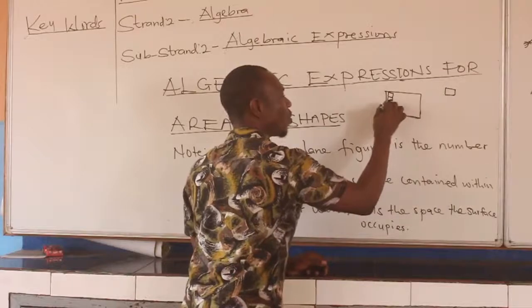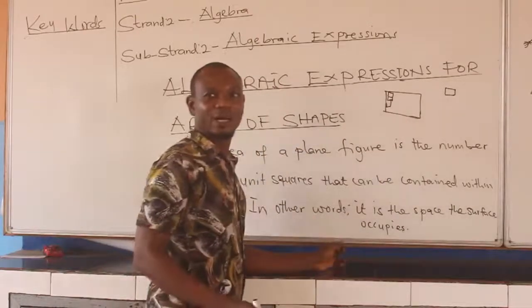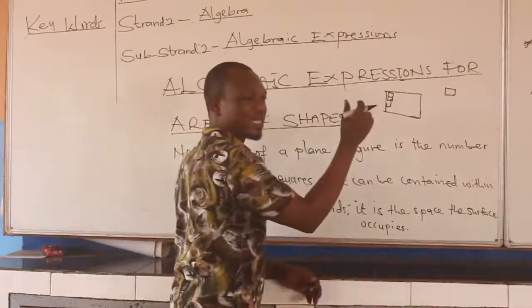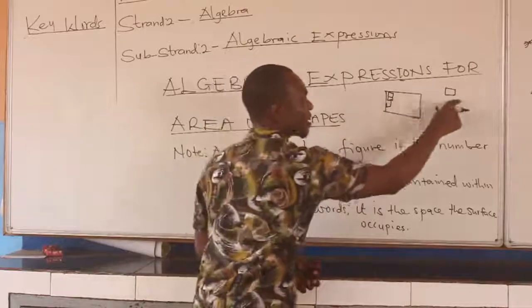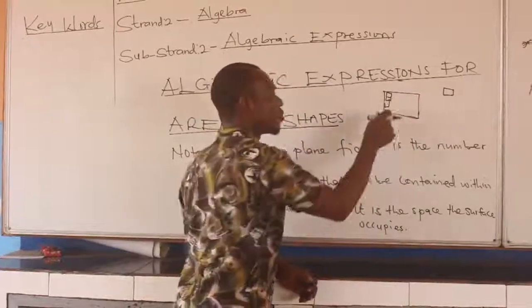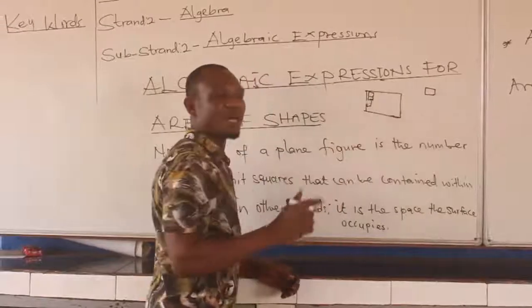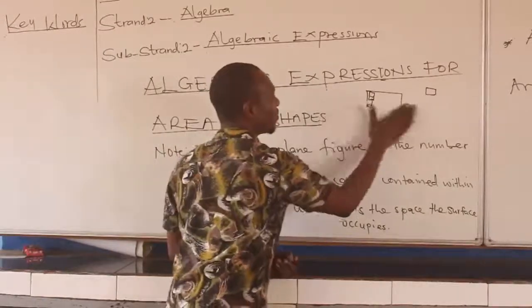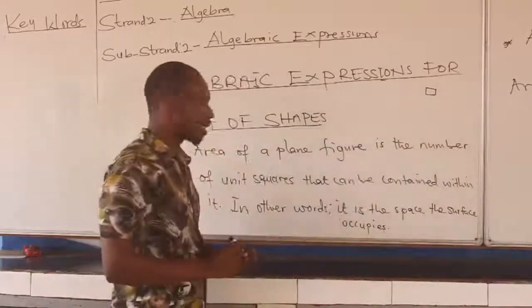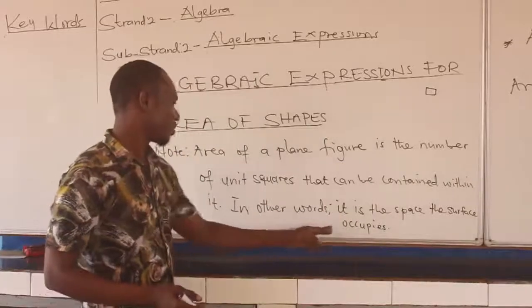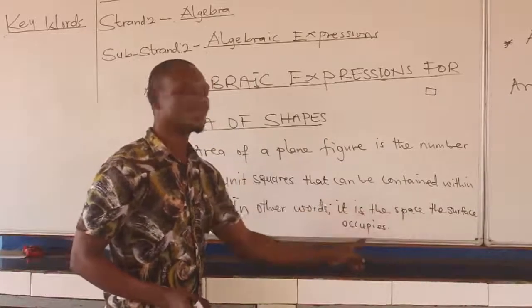How many will go there is what we call the area. If you have 1 unit square, that is a square that has 1 centimeter by 1 centimeter. If you put them in the object and it covers, if you count them, that becomes the area of the square. But in other words, it is the space the surface occupies.